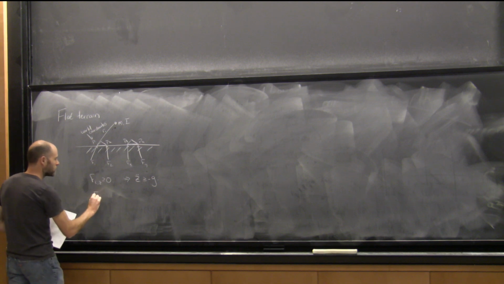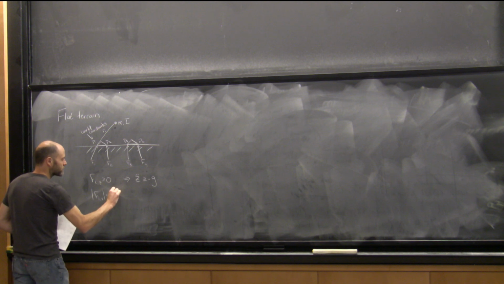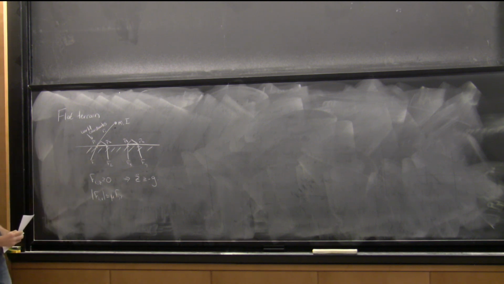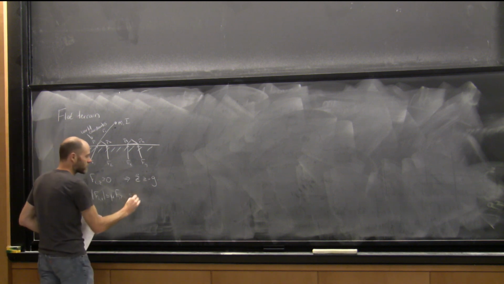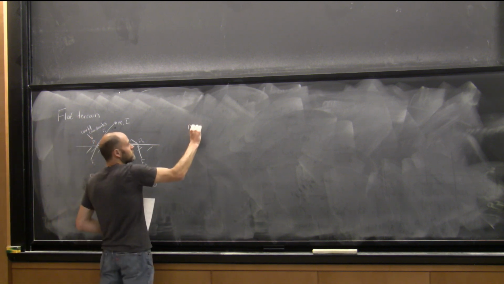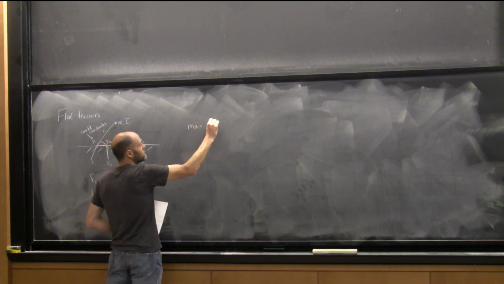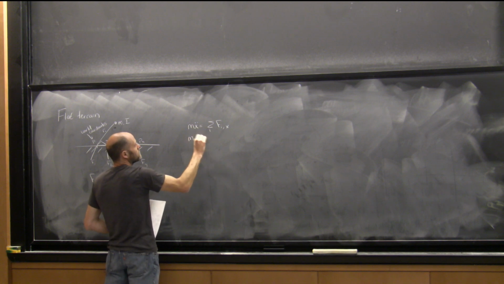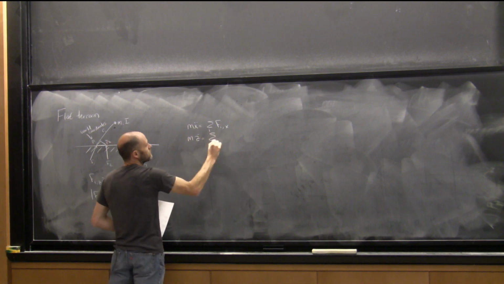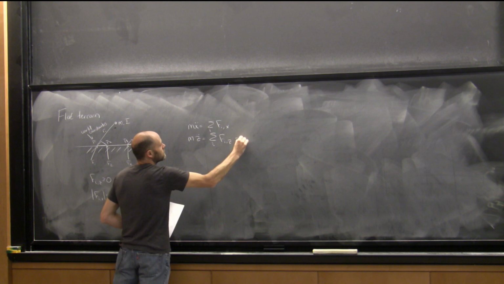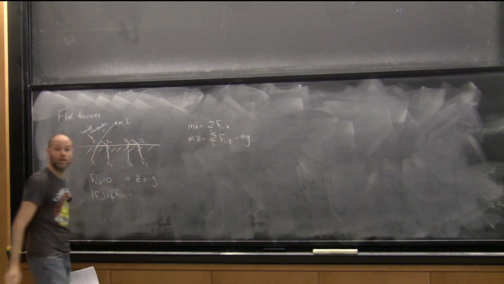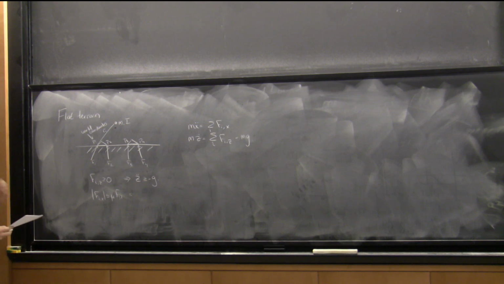Similarly, if I say that this thing is limited by friction, at each point I have a Coulomb friction, then that implies something about what I can do in the horizontal plane.